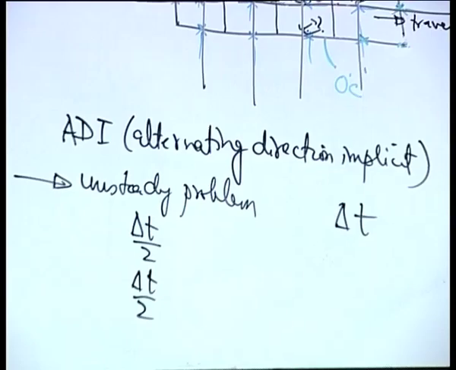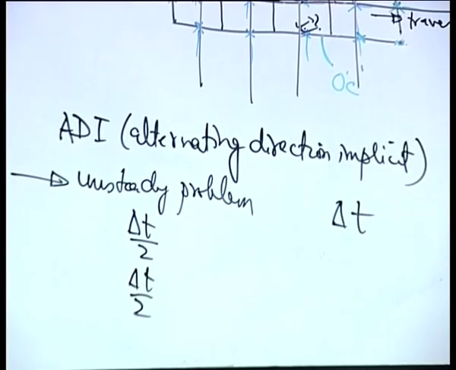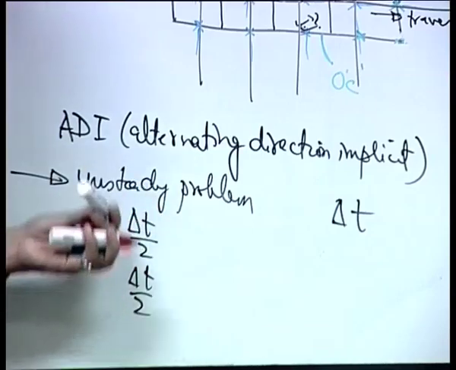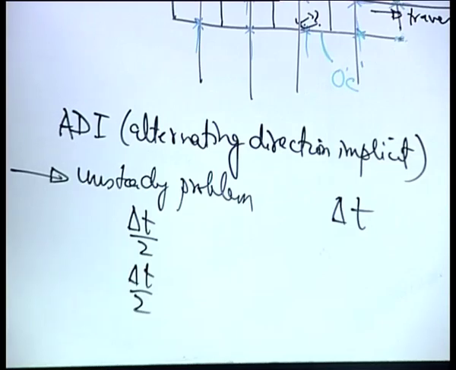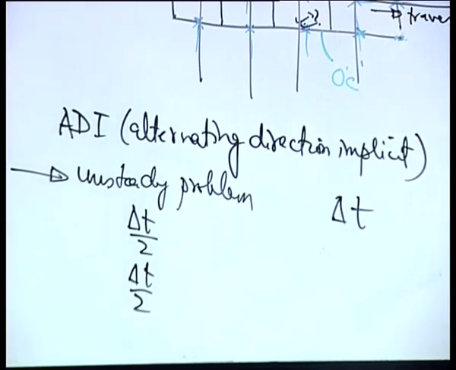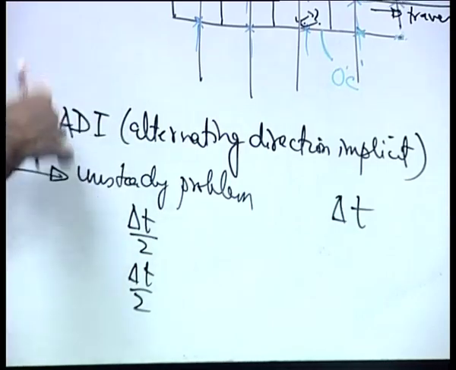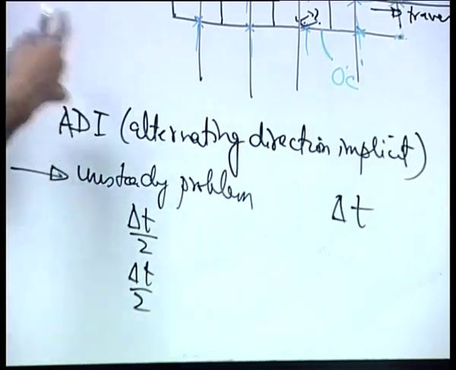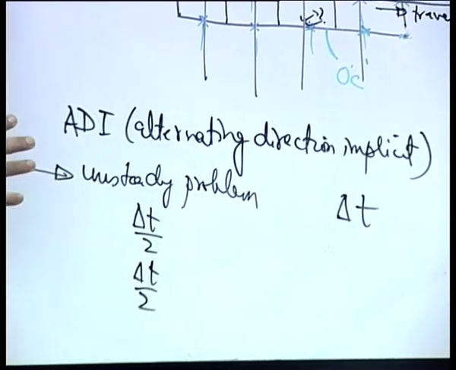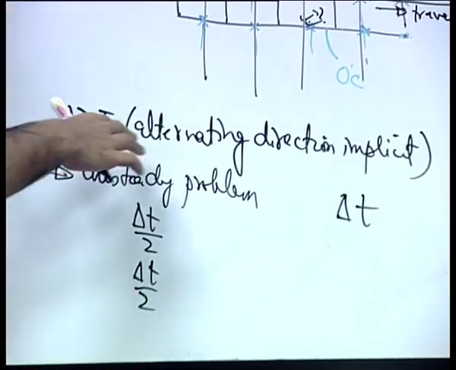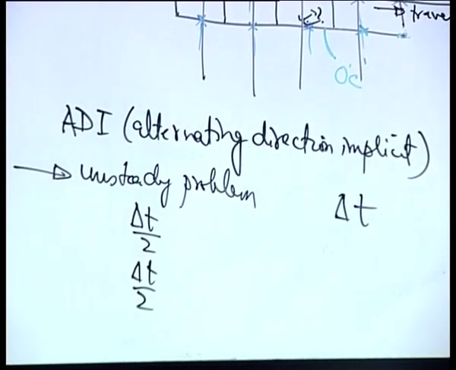So, the elimination method is applied over the first delta t by 2 in one direction and in the next delta t by 2 over another direction. So, the basic principle: the direction of implementation of the elimination method is alternated in every half time interval. Because it is alternated, that is why it is called alternating direction implicit.